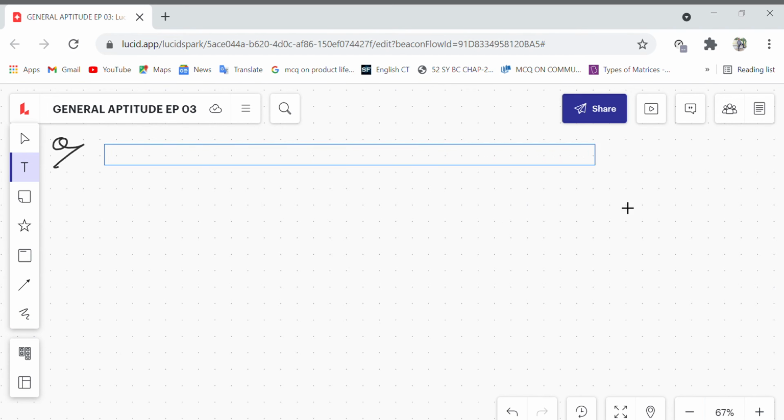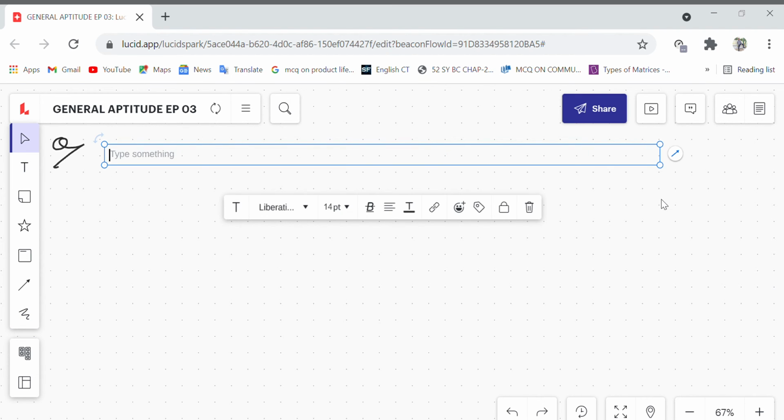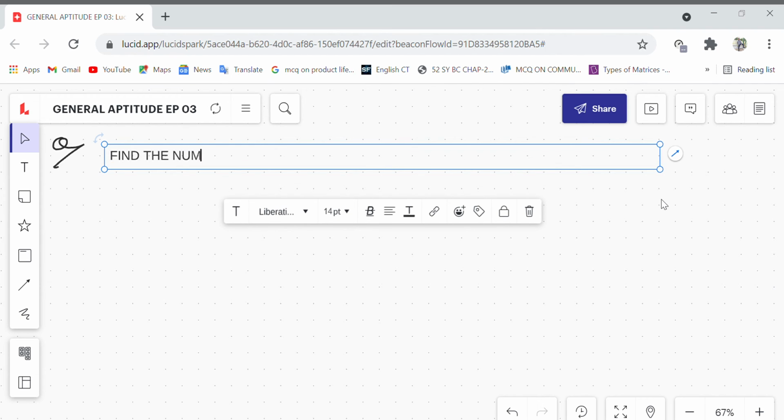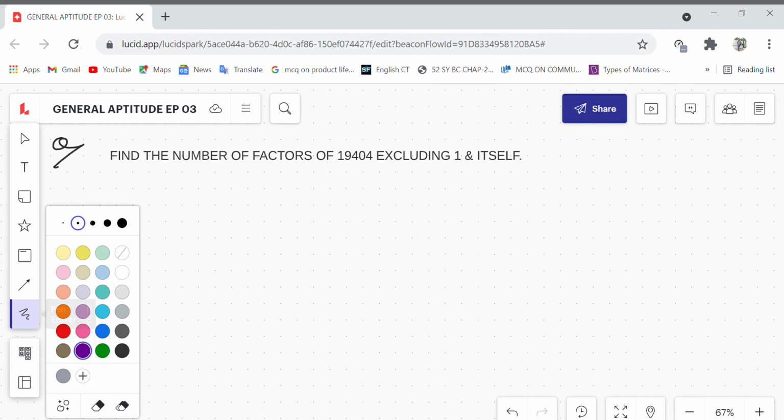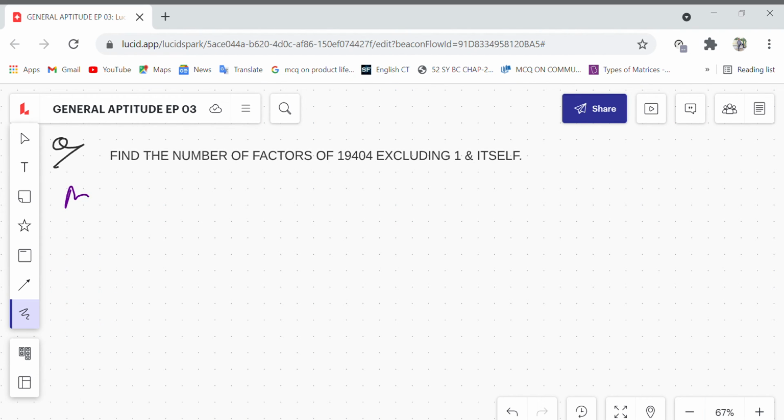So find the number of factors of 19404 excluding 1 and itself. Understood? Find the number of factors of 19404 excluding 1 and itself. Okay. Start answering.